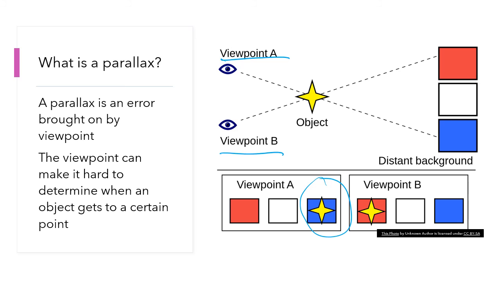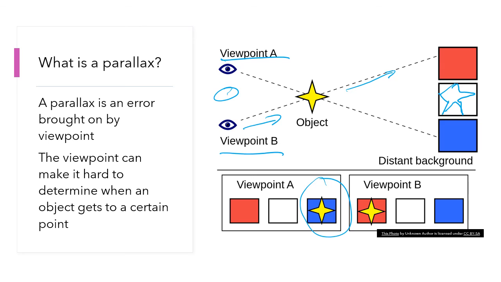Viewpoint B, looking this direction, sees that yellow star in the red box. So the viewpoint here changed the perception of the results. A thinks the yellow star is in the blue box. B thinks the yellow star is in the red box. And somebody looking straight on would say, "Oh, the yellow star is in the white box." That is a really ugly star, but whatever, I'll deal with that.